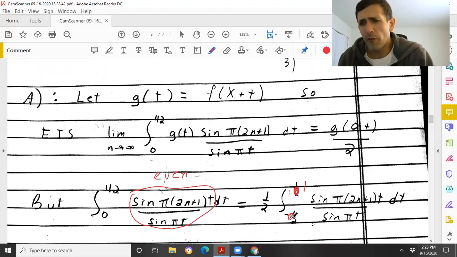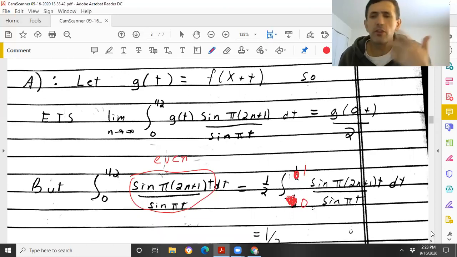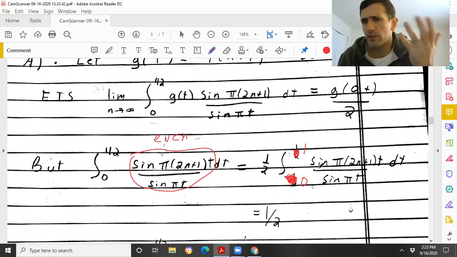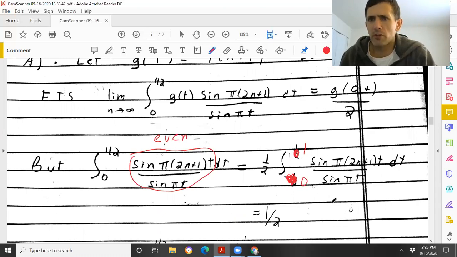Or if you want to just go back and write out the Dirichlet kernel and integrate from -1/2 to 1/2, just like we did from 0 to 1, you get the same answer. It doesn't matter what interval of length 1 you integrate over. If you go back and write out the Dirichlet kernel in terms of complex exponentials, that sum, this whole thing is 1, just like we had before. So this is 1/2.